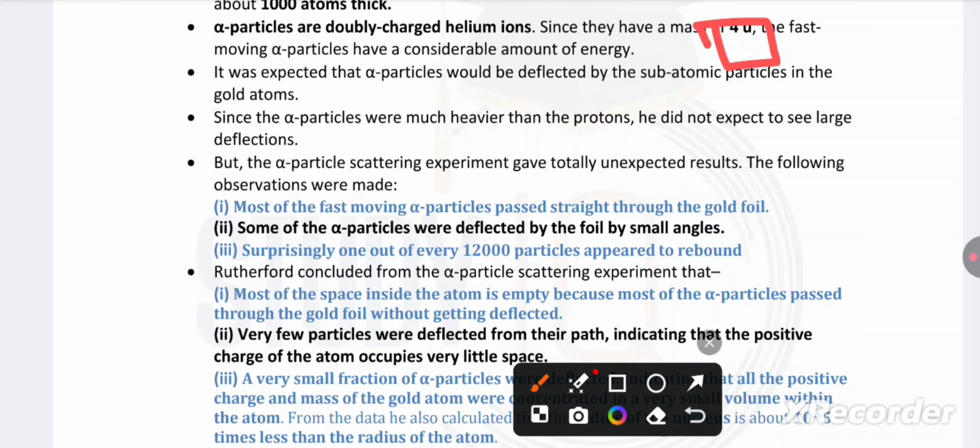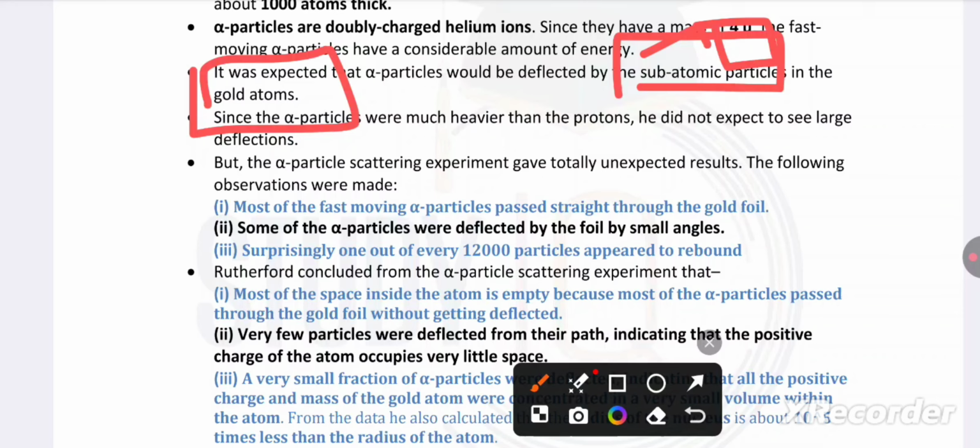The fast moving alpha particles have a considerable amount of energy. It was expected that alpha particles would be deflected by subatomic particles in the gold atom. He was thinking that something inside the atom should deflect the alpha particle.